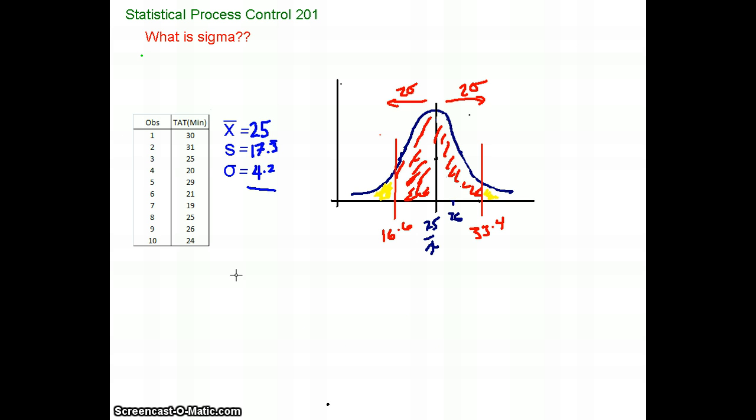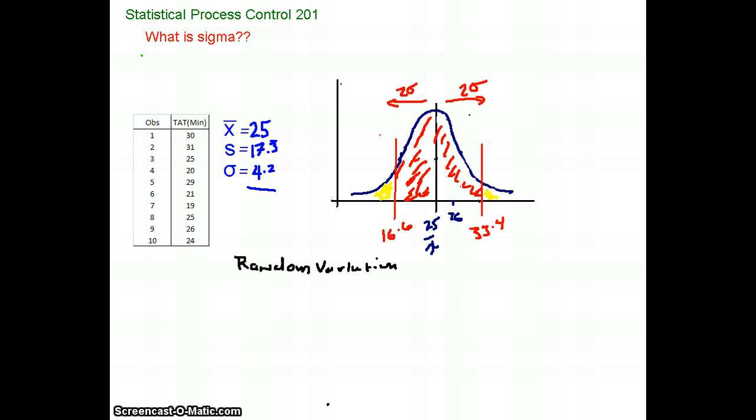So before we go any further, though, we need to define types of variation. There are going to be 2 types of variation that we're going to talk about. So-called random variation. Random variation is what we noticed in our data set. We noticed that data distributed itself around the mean.